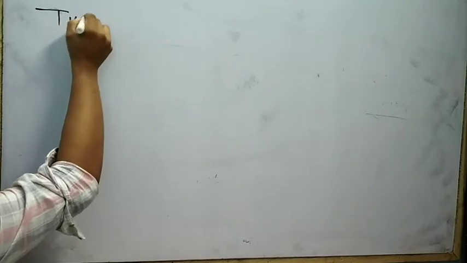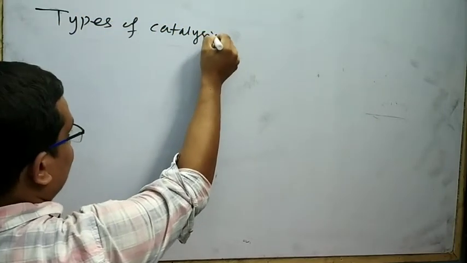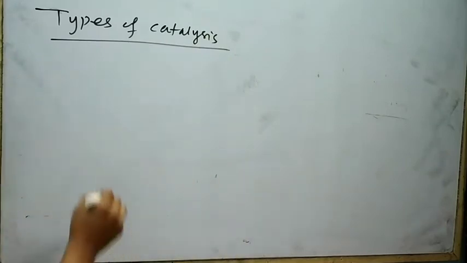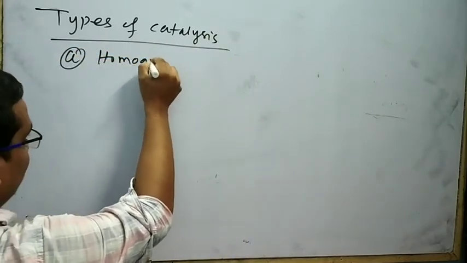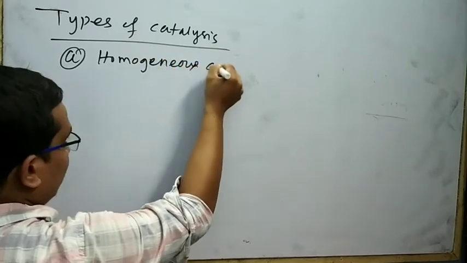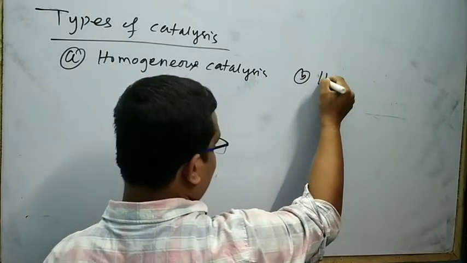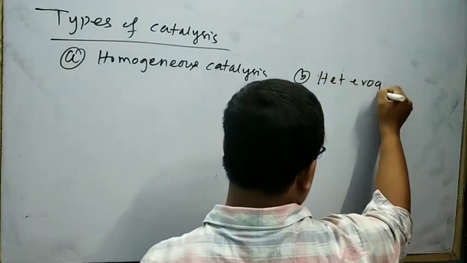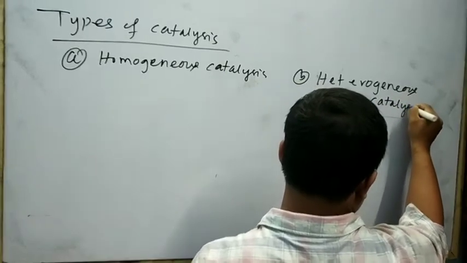Next I will explain about the types of catalysis. There are two types of catalysis. Number one is homogeneous catalysis. Number two is heterogeneous catalysis.